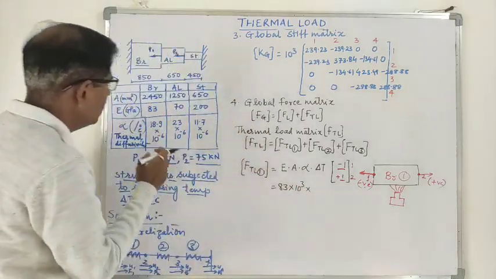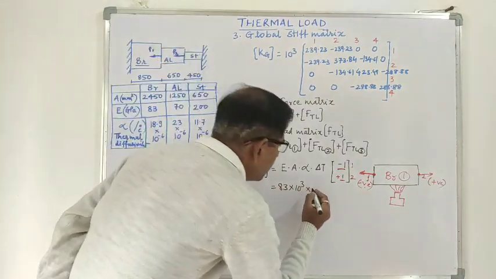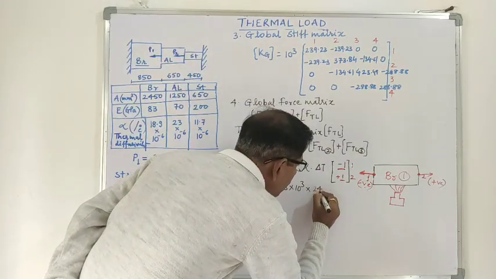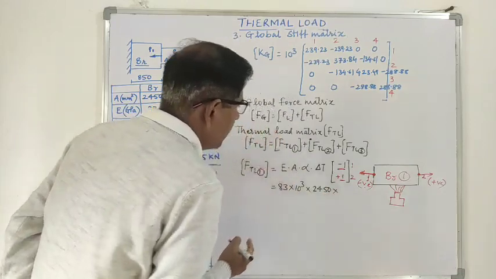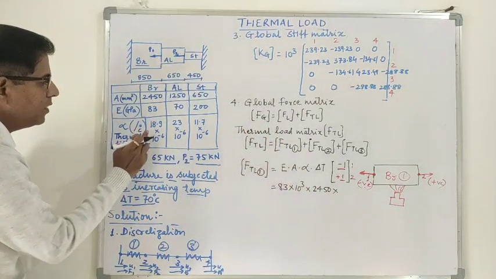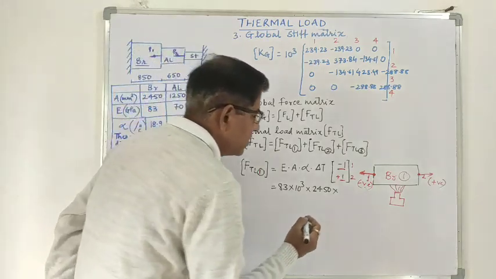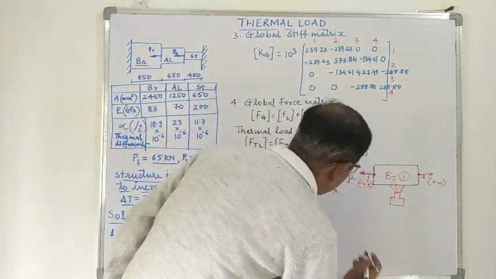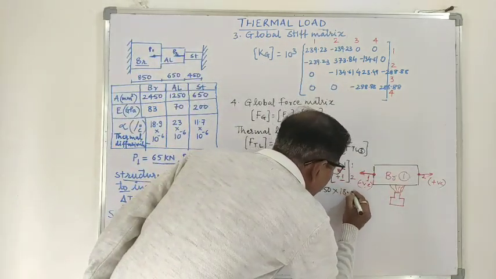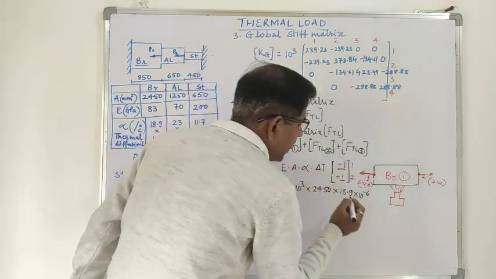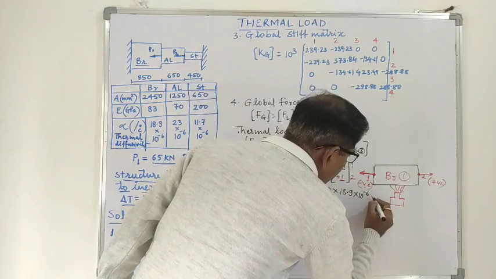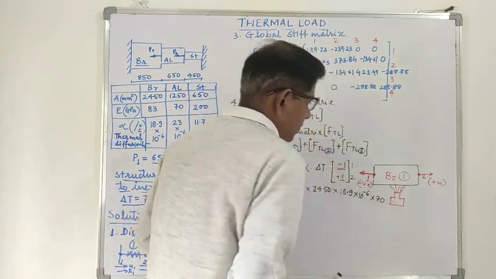Area is given as 2450, multiplied by alpha. Alpha is 18.9 into 10 to the power minus 6. And delta T is 70 degrees, multiplied by 70.